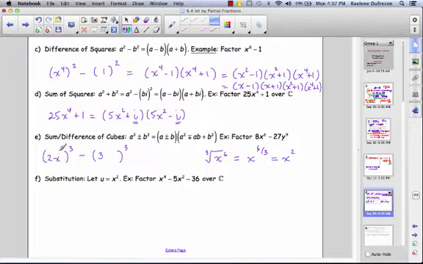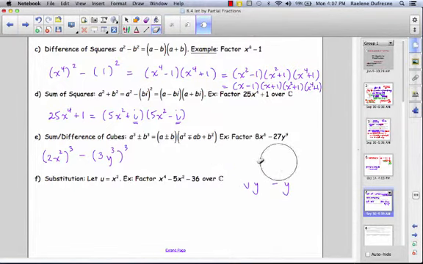And so inside the first bracket, I have 2x squared. Similarly, the cube root of y to the 9 can be rewritten as y to the exponent of 9 divided by 3, which is y cubed. And you should just expand that, get rid of the brackets, to confirm that you have the right breakdown.